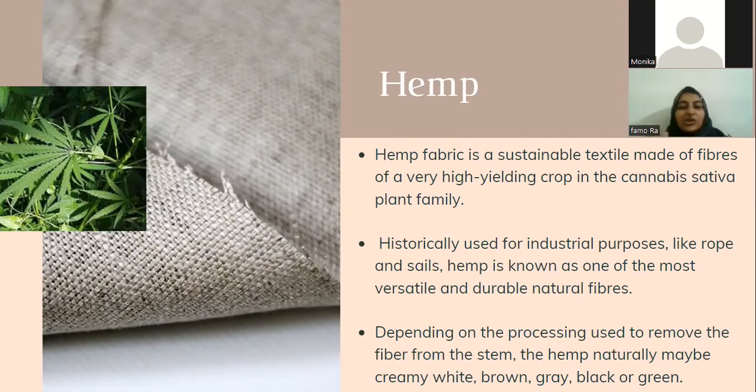So hemp is actually a sustainable textile made of fibers of a very high yielding crop in the Cannabis sativa family. Now, has anybody heard of Cannabis sativa? It is a problematic one.